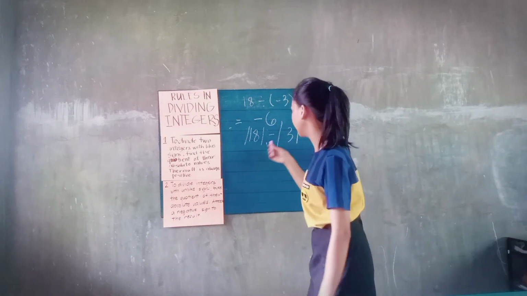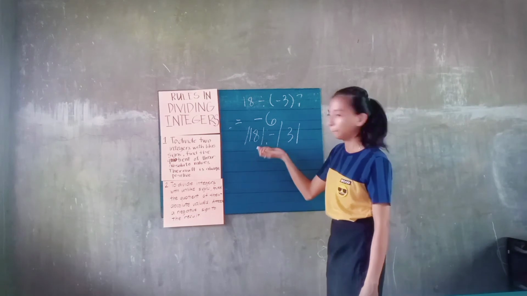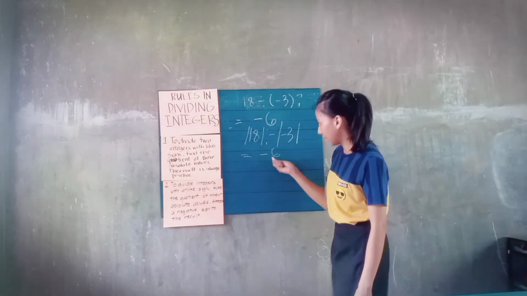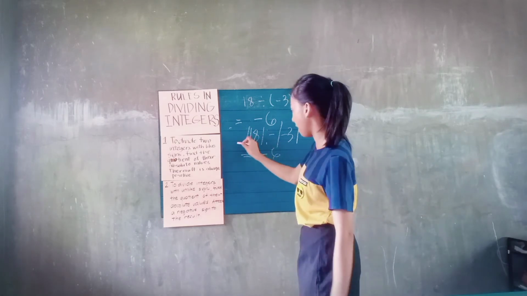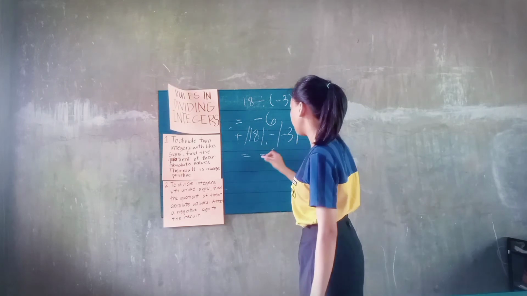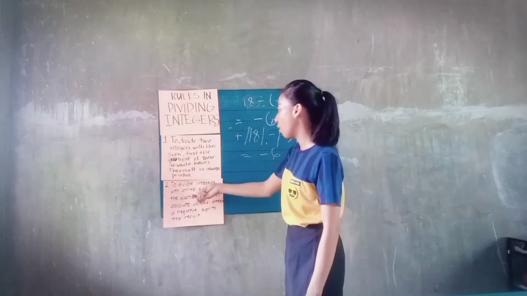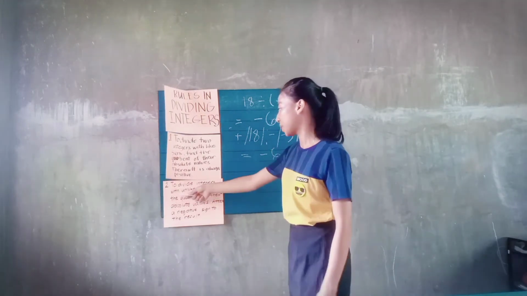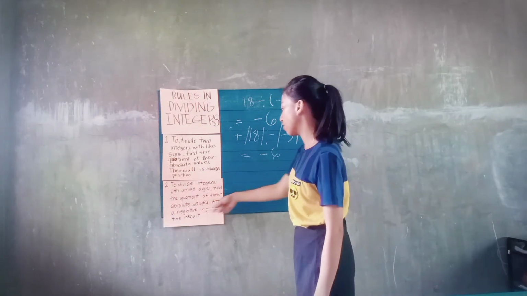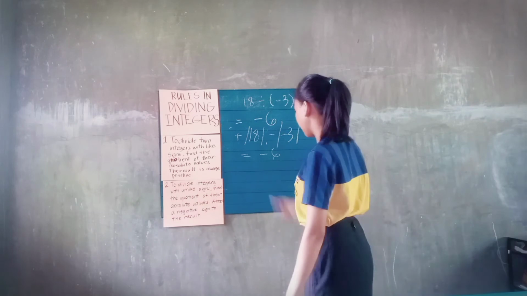Then, the answer will be negative dahil hindi sila magkaparehas na sign, yung isa positive and yung isa negative. Ano sabi dito? Divide integers with unlike sign. Laging ang result ay negative.